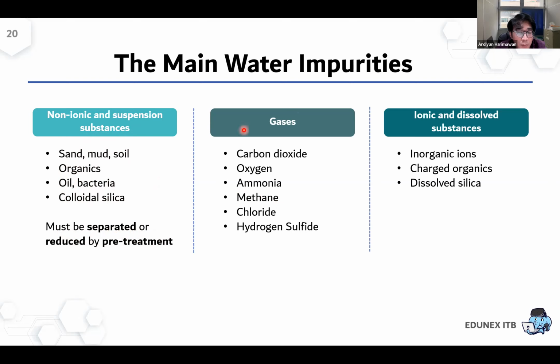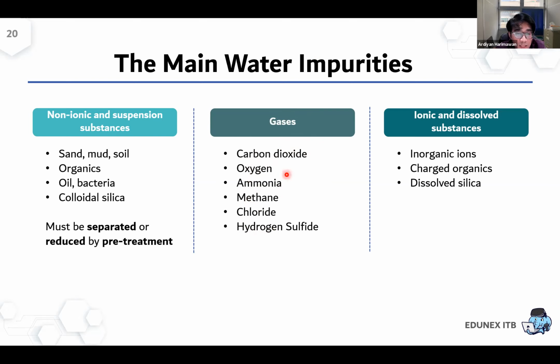And then the second impurities are in the form of gases. Normally, the gases found in the water are from deep water, the one that you get from a well with very high depth. Ya, jadi gas itu biasa ditemukan di dalam air kalau airnya berasal dari sumur dalam, deep well water.